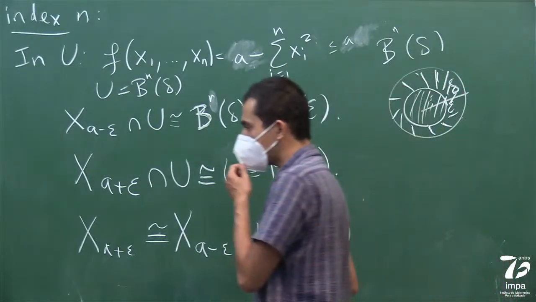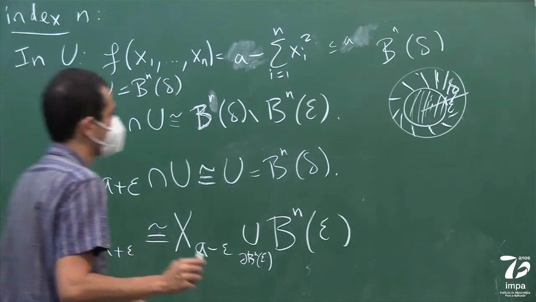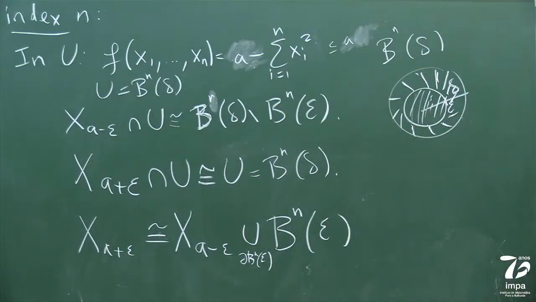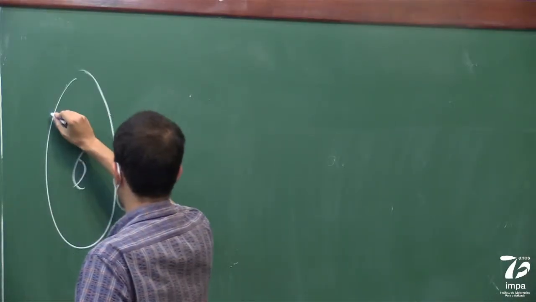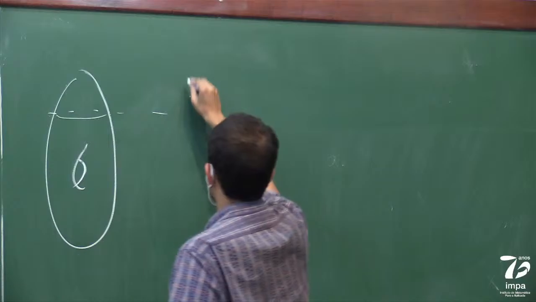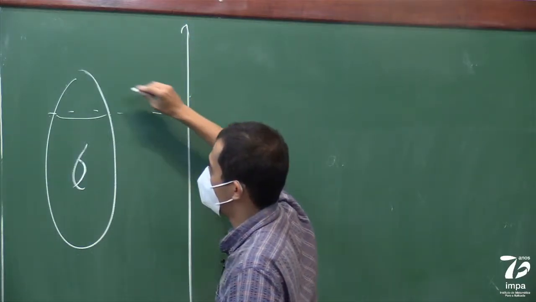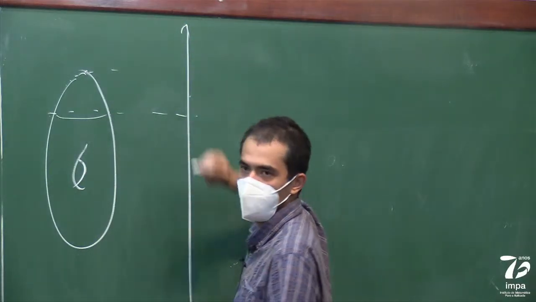Okay? So for example, say I have the torus, and I'm over here, and I want to see what happens when I go through this point.